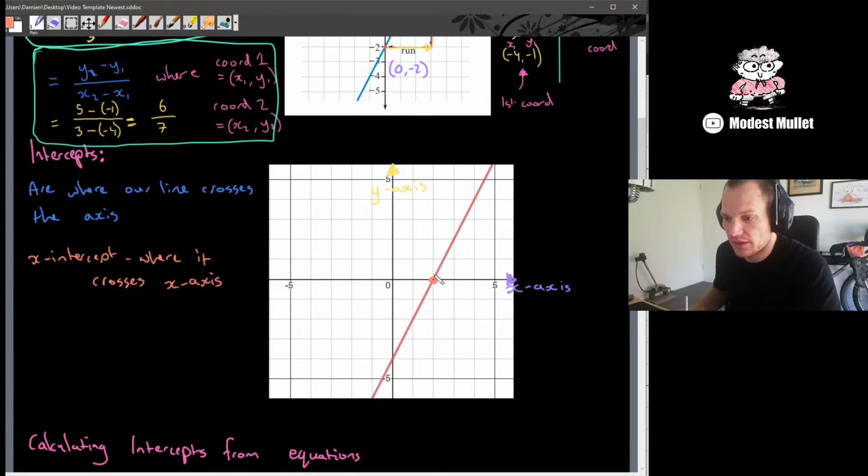So we can see right there, that's that one, and that occurs at 2, 0. So we could say that that one is 2, 0. And then we have our y-intercept, which of course is where it crosses the y-axis.